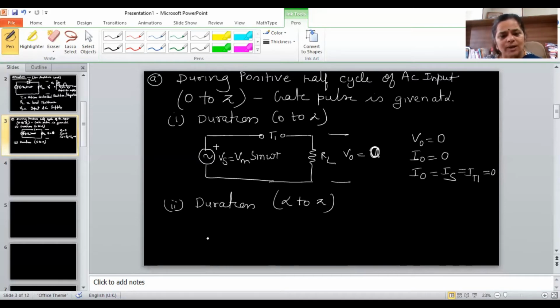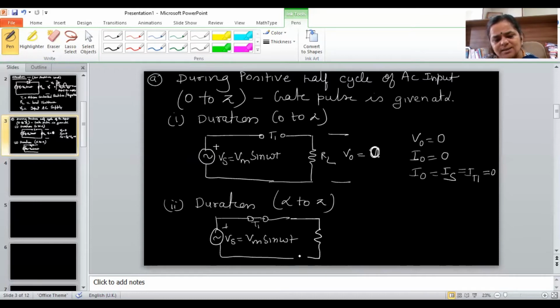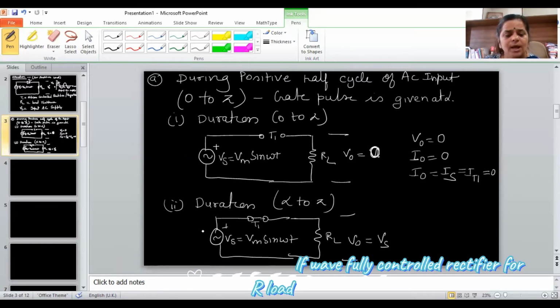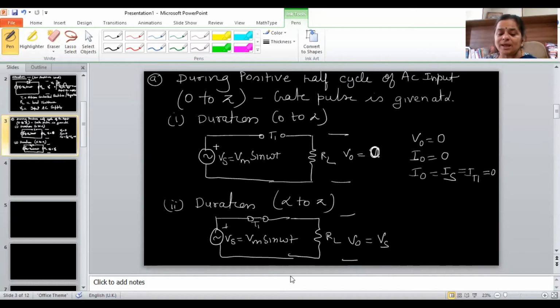Now when I talk about alpha to pi, as the gate pulse is given at alpha, the supply voltage Vs is Vm sin omega t with the upper terminal positive. Now the SCR will act as a short circuit because the gate pulse is given at alpha, and this is the load resistance. Under these circumstances, the load voltage will be equal to the supply voltage, as through this short circuit the supply voltage is now fully connected to the load.